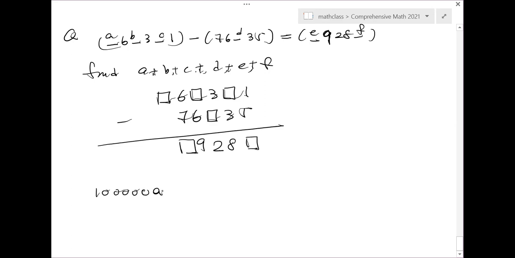Okay, and 8. Okay, plus 60,000 plus 1,000 B plus 300 plus 10C plus 1.